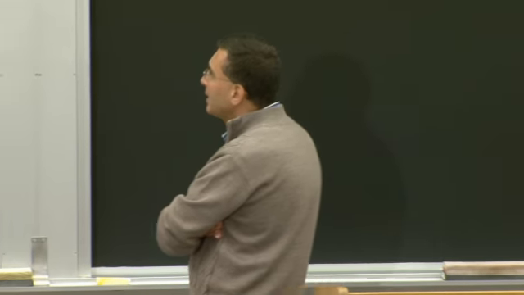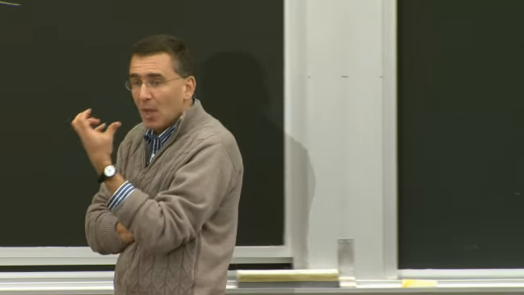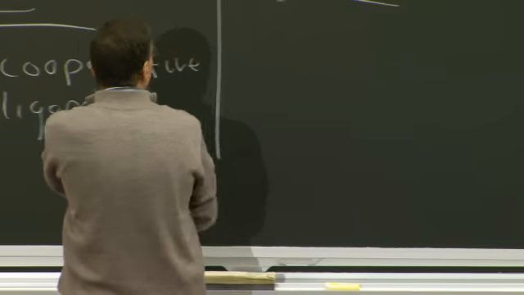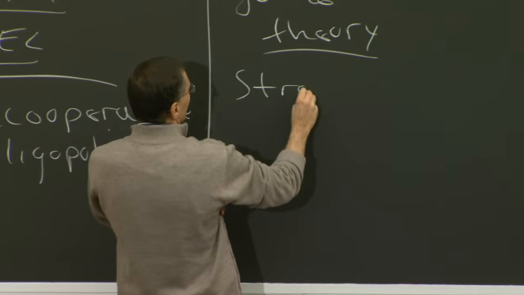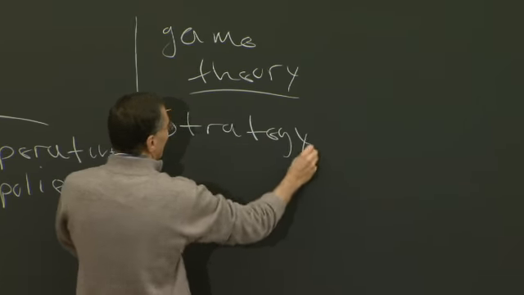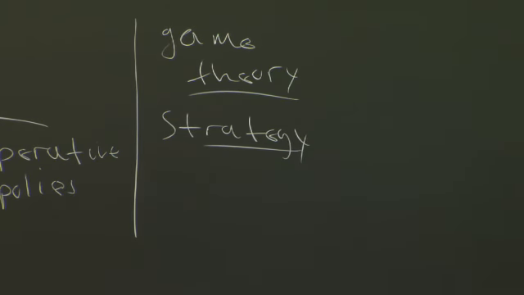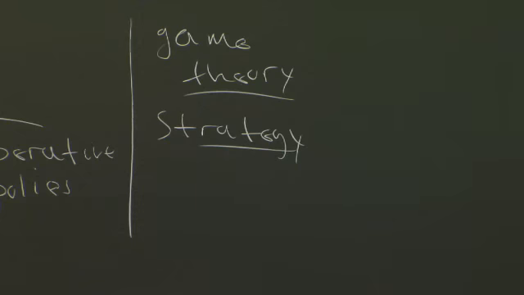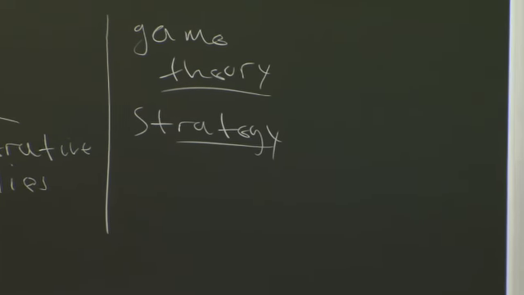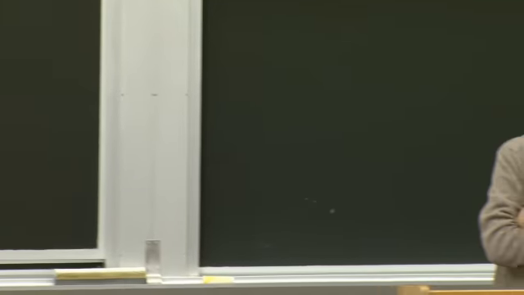And the key insight is that each firm will develop a strategy, just as when you're playing chess, you have some strategy going in, okay? Firms develop a strategy, and based on that strategy, they will determine their behavior.